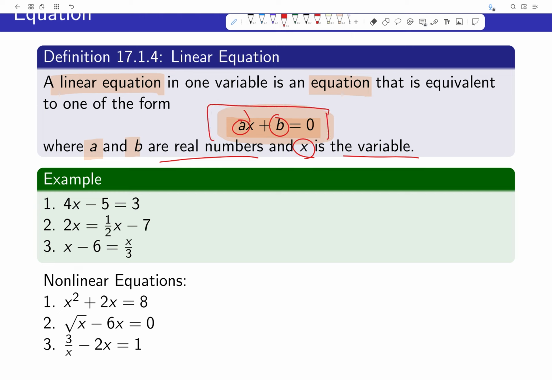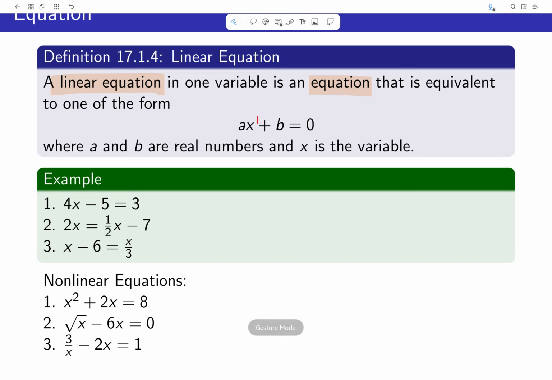As you can see, the highest exponent for the variable in a linear equation is 1. That's the indication that our equation is a linear equation. We will deal with how to solve this type of equation later.